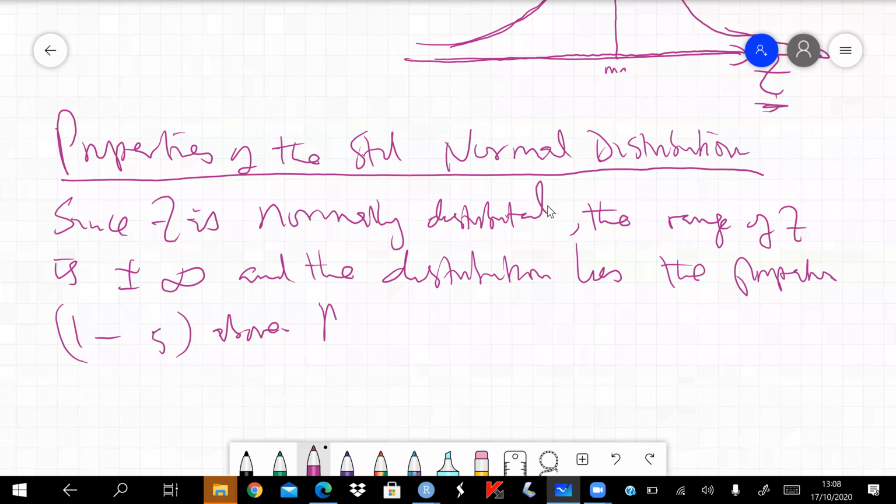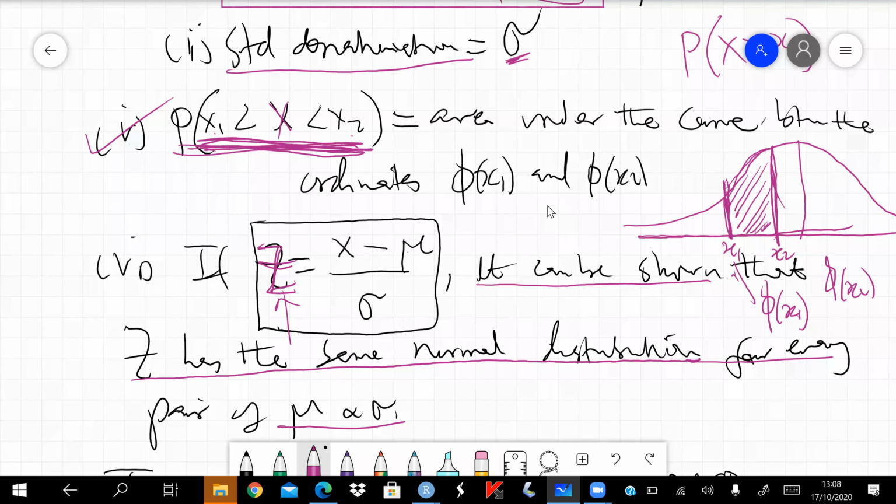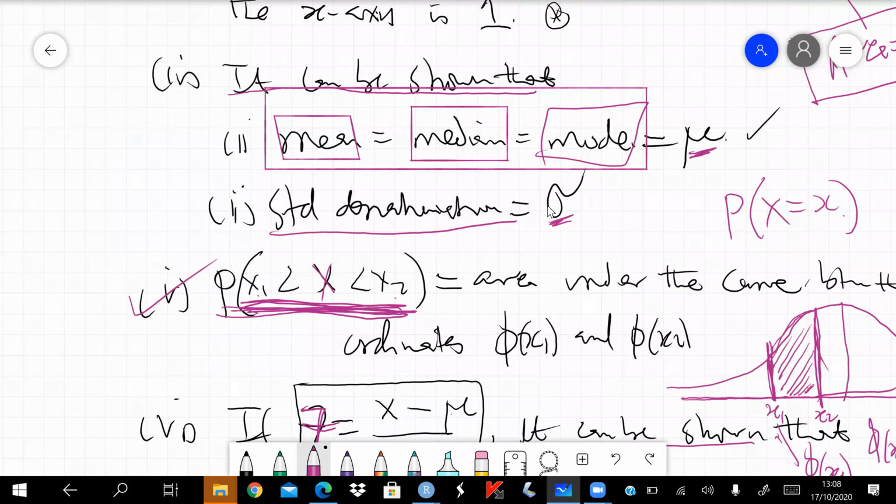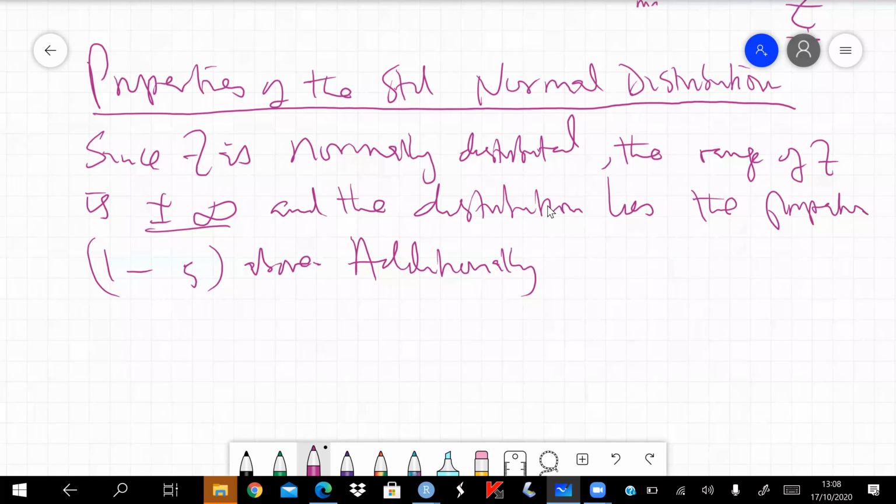Additionally, so we're saying that z has a normal distribution, so its range is plus and minus infinity, and it has all these properties, number 1 to number 5, up to this point. But now here we'll be talking about z here, not x, okay? But there's an additional feature of the standard normal distribution.